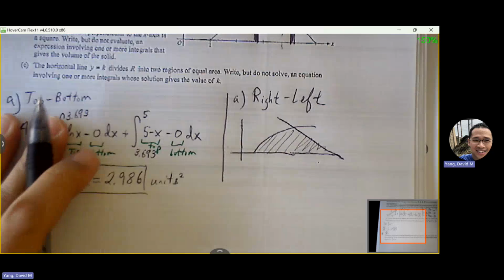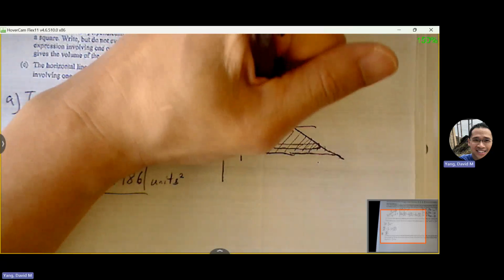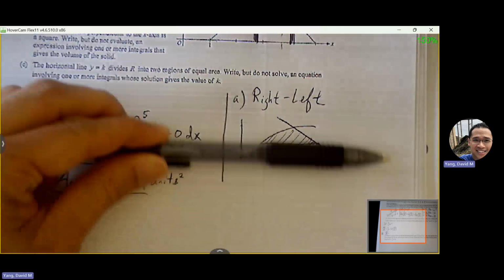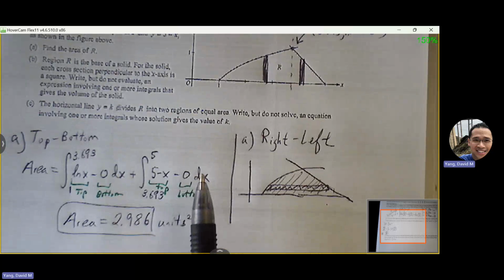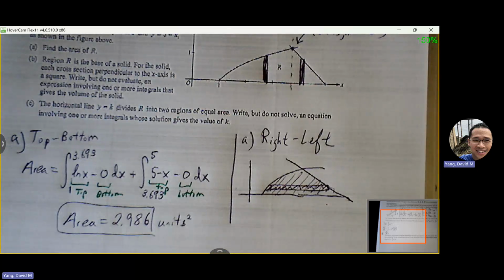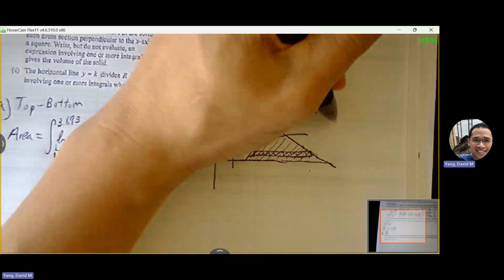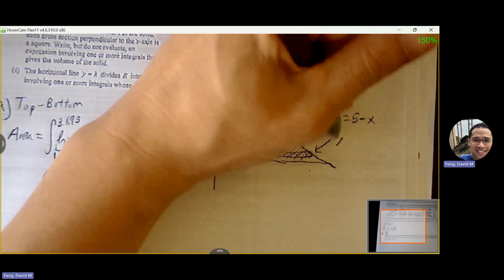So now we're going to think of it as adding infinitely thin rectangles in this orientation, from the lowest y value to the highest y value. But anytime you see a horizontal base or length or rectangle or radius, you know these equations need to be adjusted. They are not in the proper form for us to use. So the y equals 5 minus x needs to be rewritten. Now this linear equation is going to be x equals 5 minus y.